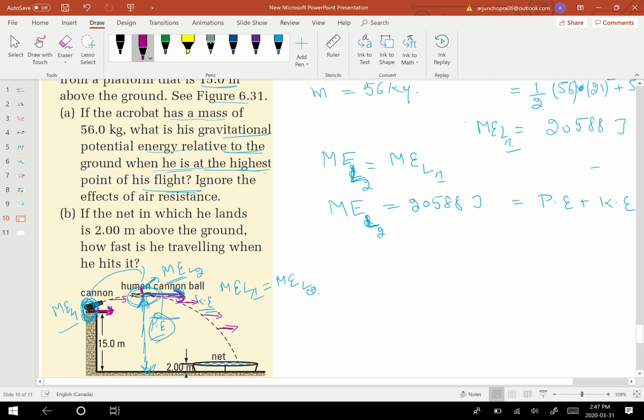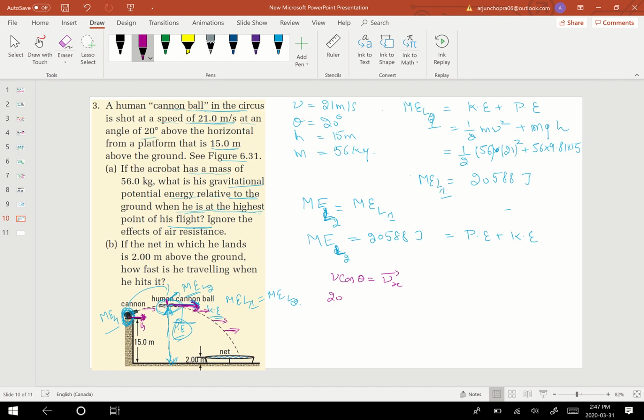If I can find this value, I'll be able to find the horizontal component of the velocity on top also. So the horizontal component of the velocity will be v cos theta, which is vx. The angle given to us is 20 degrees, so v cos 20 degrees, it is 21 times cos 20, equal to vx.